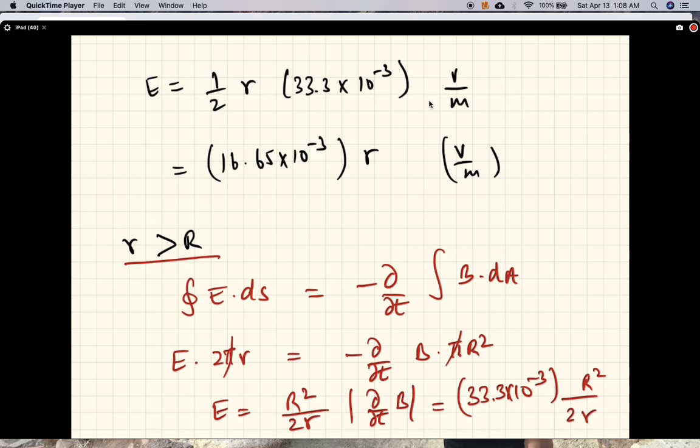Okay, so there is the expression for r greater than R.